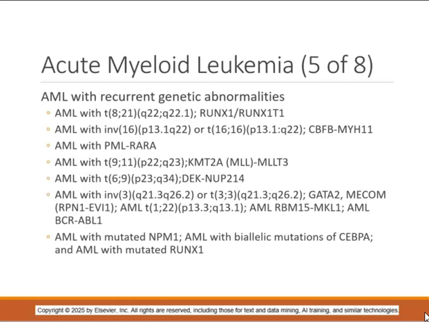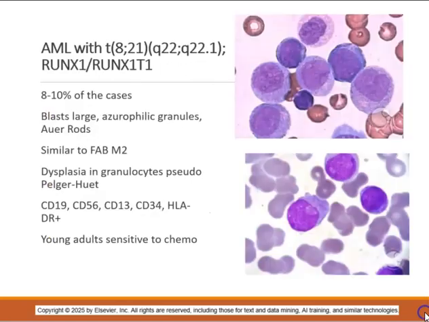AML with translocation 9;11, AML with translocation 6;9, AML with inversion 3, and then AML with a mutated NPM1. I know it's a lot of stuff, but like I said, the better the diagnosis, the better the treatment, the better the prognosis sometimes.